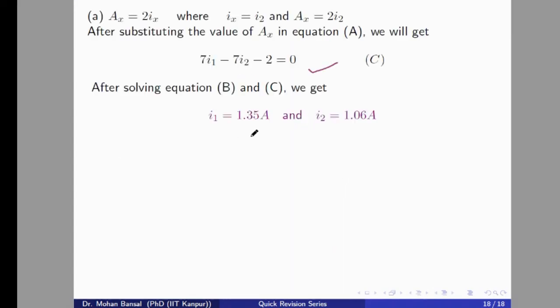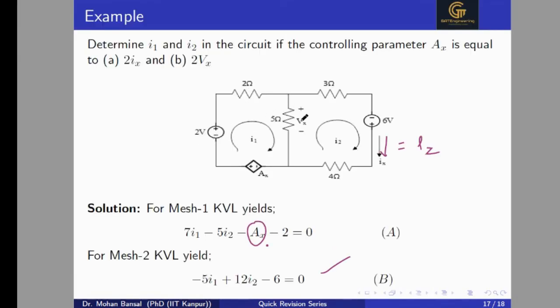Now in the second case, we have Ax equal to 2Vx, and Vx is this one, the voltage across the 5 ohm resistance, and we will get the expression Vx equal to, and the current in this branch is I1 minus I2. So the voltage across the 5 ohm will be 5 into I1 minus I2. Okay. Now we have two equations.